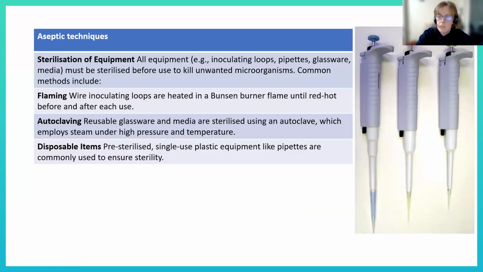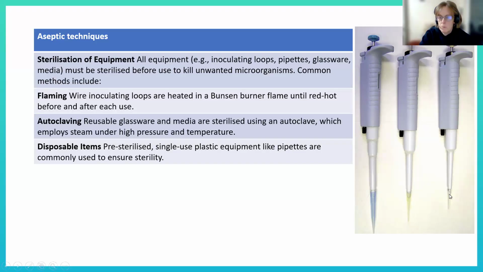These are the pipettes that we would use in a microbiology, biochemistry, molecular biology, whatever lab. There's a range of pipettes there, and these tips on the end are disposable. Each time you pick up a liquid, after you've used it, you hit this little button here on the back and it ejects the tip, and then you pick up a new tip. These three are different sizes.